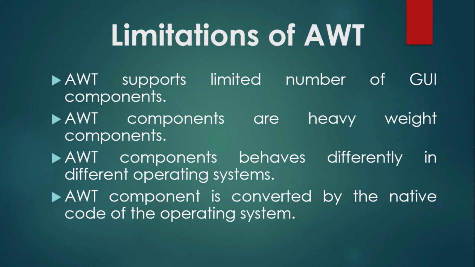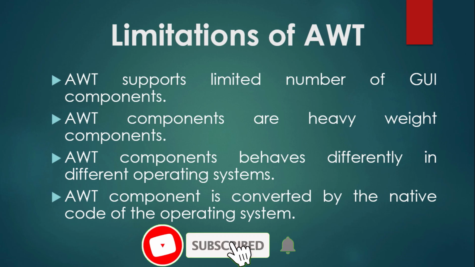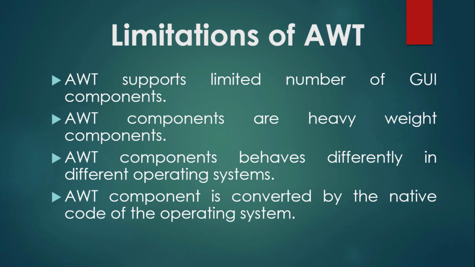Just now I explained on my previous slide that depending on your operating system, look and feel is going to change. Since AWT components are converted to native, that is your operating system code, this is going to be an extra step for running your application. So these were certain limitations of AWT.